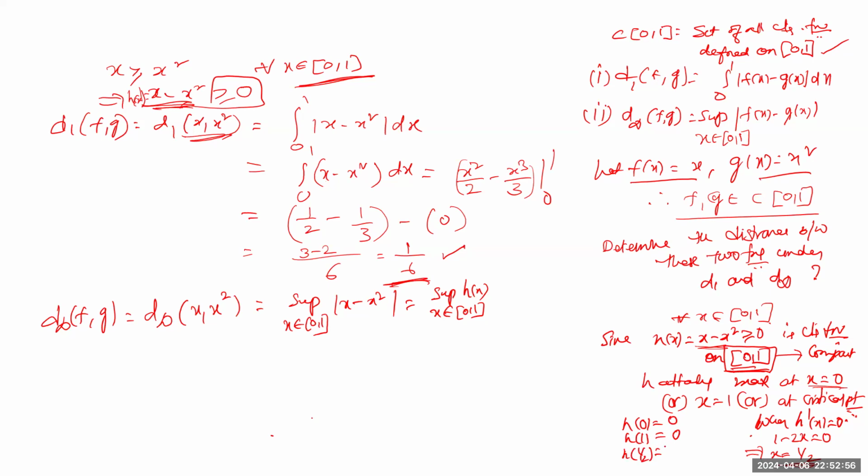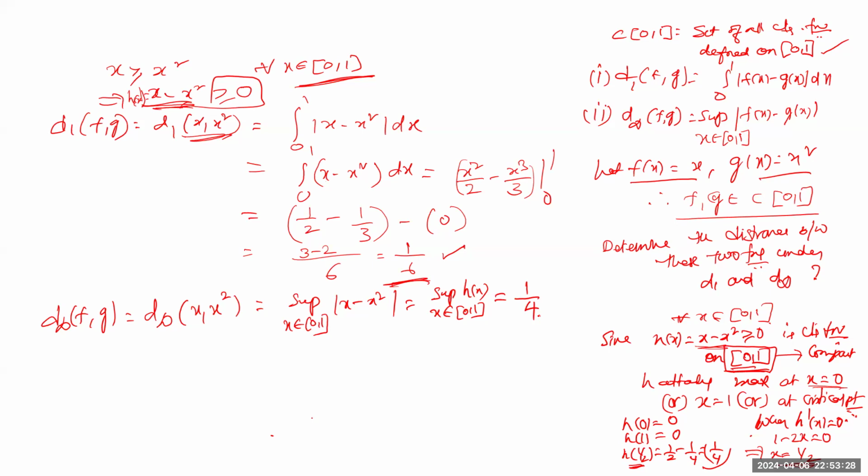That is 1 by 2 minus 1 by 4, that is equal to 1 by 4. So h has a maximum at x is equal to 1 by 2, and that value is equal to 1 by 4. So this value is nothing but 1 by 4, right?